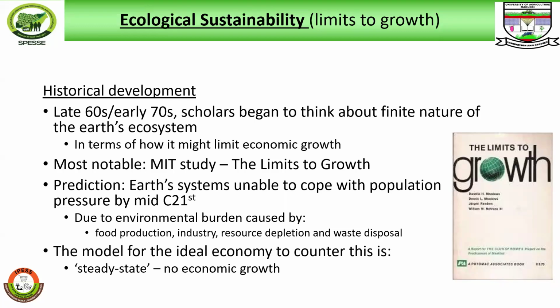We mentioned the limits to growth in the lecture last year, an MIT study. And the prediction is that the Earth systems will be unable to cope with population pressure by the mid-21st century. And this will be basically due to environmental burden caused by food production, industry, resource depletion, and waste disposal.